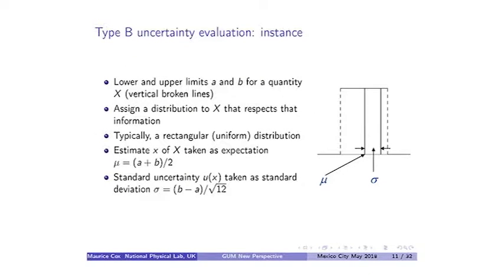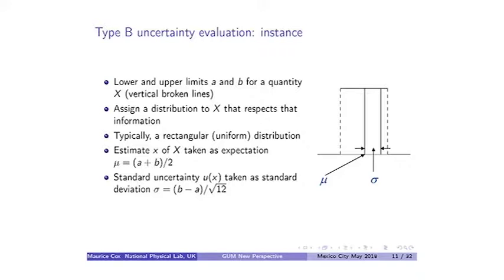Type B uncertainty evaluation, the simple instances of this: we might have lower and upper limits A and B for a certain quantity. These limits might be provided by an instrument manufacturer. You assign a distribution to X that respects that information. It's natural to assign a rectangular or uniform distribution. Any value between A and B is equally likely.